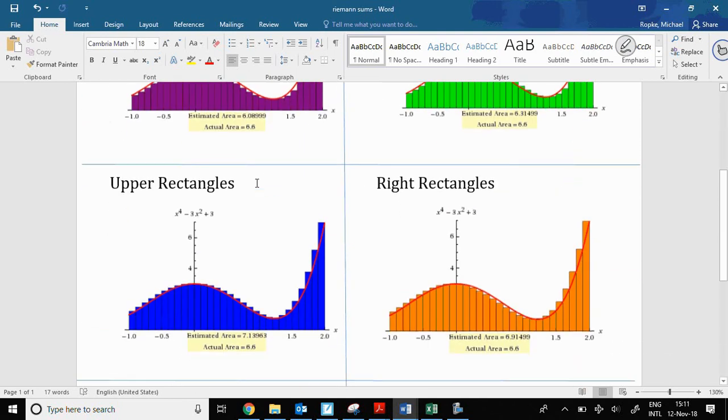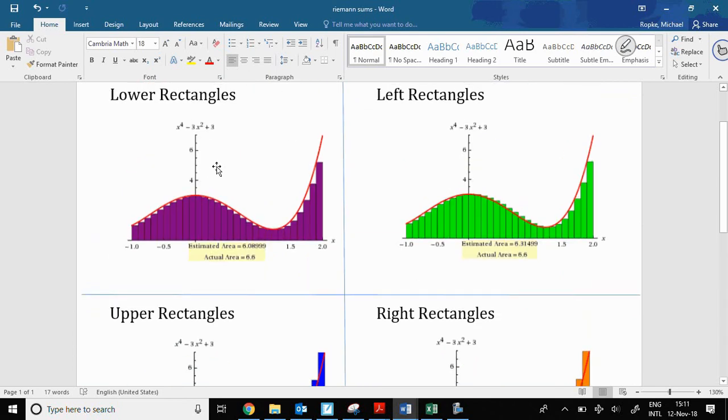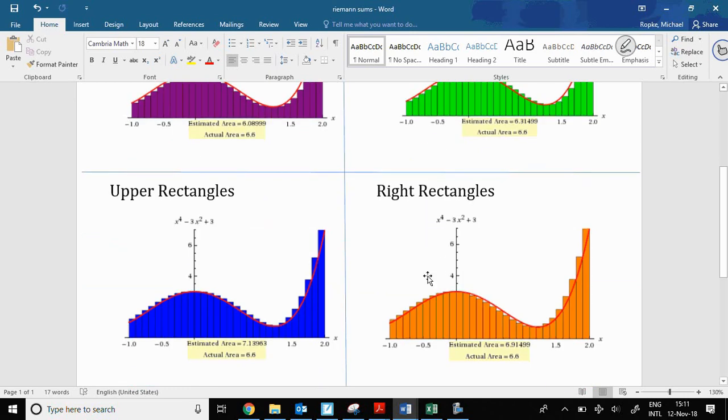We can compare that down below to the upper rectangles, which is just the opposite. Now every single rectangle is drawn to be above the curve. Certainly, this is going to overestimate the area, and this is going to underestimate the area. There are other ways that we could create our Riemann sums. AP Calculus teaches left rectangles and right rectangles.